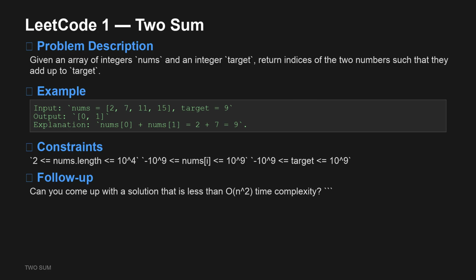Notably, the array contains at least 2 elements and can grow to a maximum of 10,000 elements. Each integer ranges from -10^9 to 10^9, including the target itself. A critical constraint is that each input guarantees a unique solution, and we cannot use the same element more than once. With these parameters in mind, we can develop an efficient approach to derive the solution.